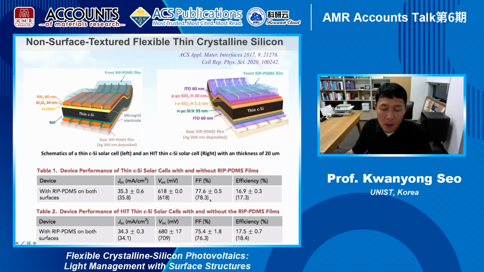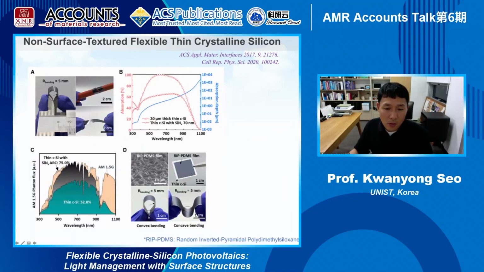And it shows over 18% efficiency, very similar to the direct fabrication of the microwire onto the crystalline silicon. But this device is more flexible, and this film can be easily replaced repeatedly. So as a practical application, this kind of approach is also very meaningful.